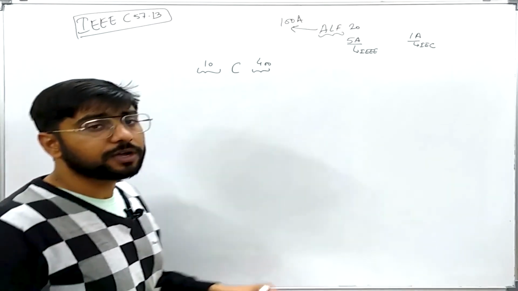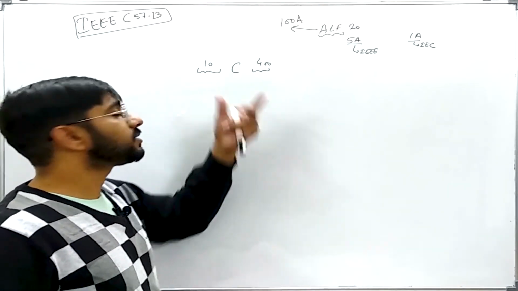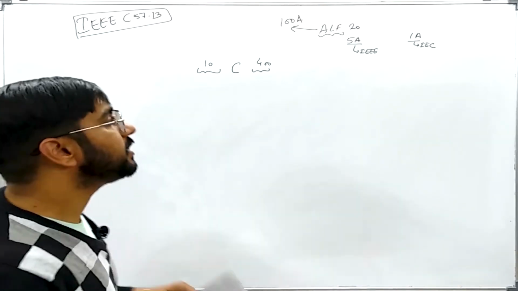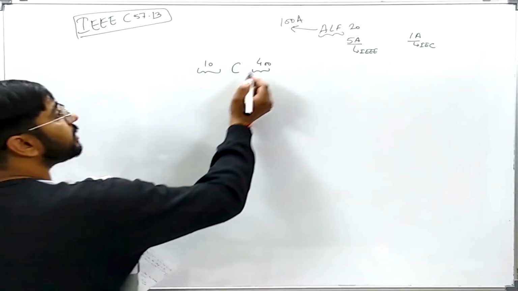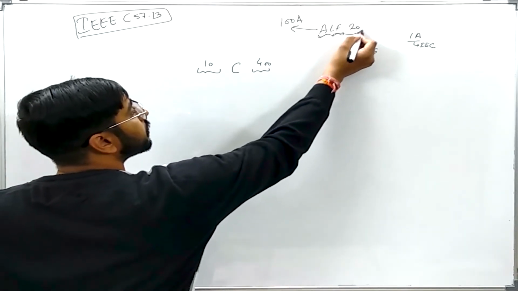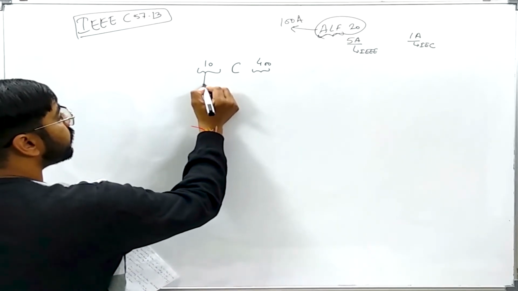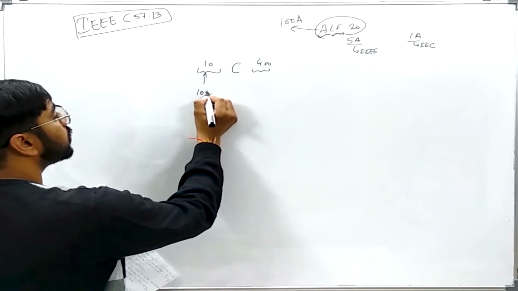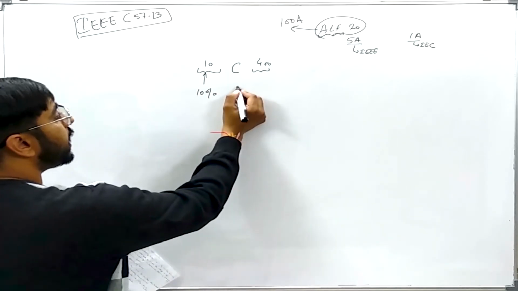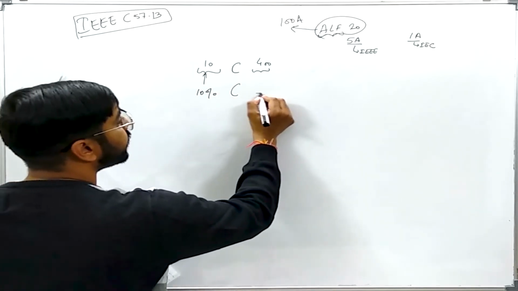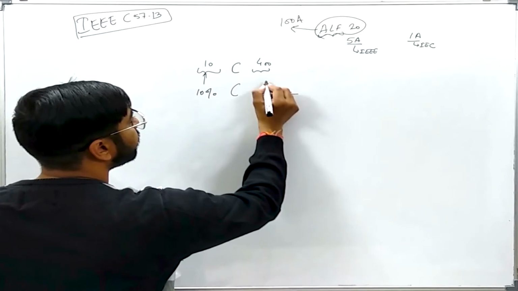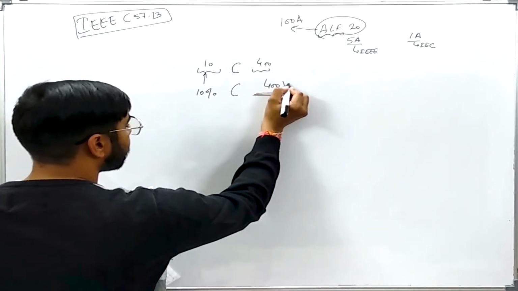So now what is the meaning of 10C400 or something else? It means that at the maximum current, the error will be 10% and the voltage generated on the secondary terminals will be 400 volt.